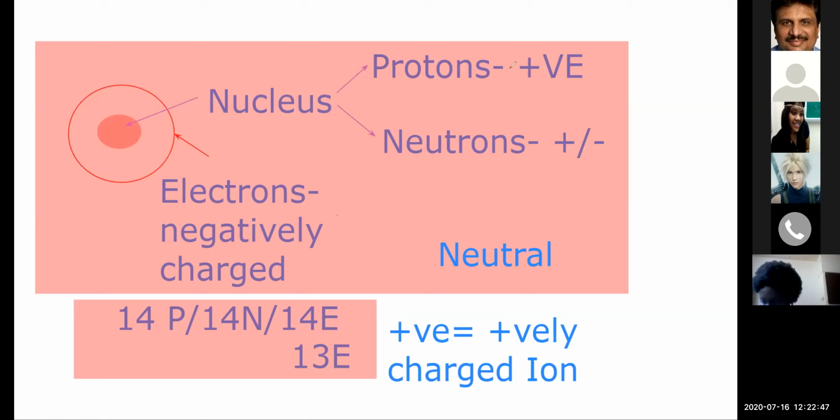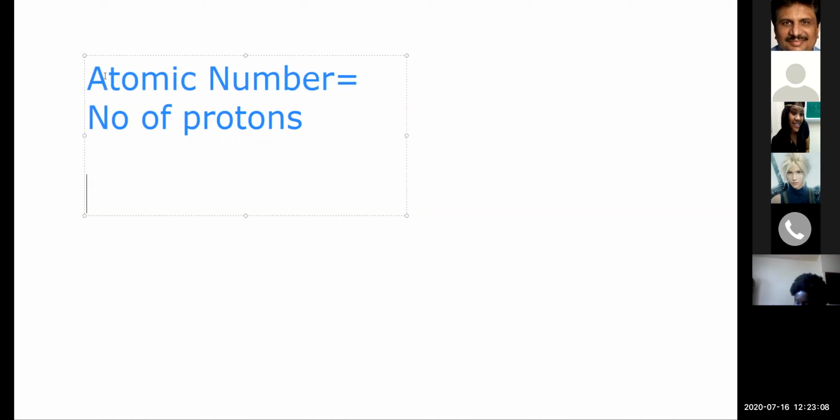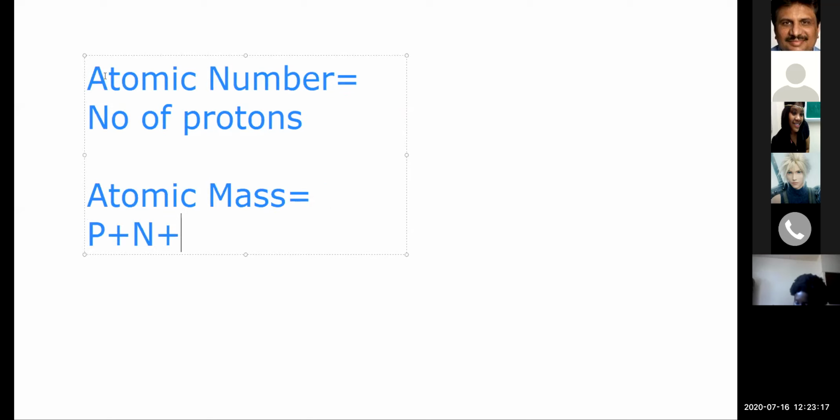So let me just write this. Atomic number is equivalent to the number of protons, and atomic mass is equal to protons plus neutrons plus electrons.